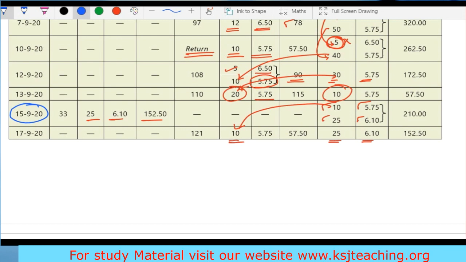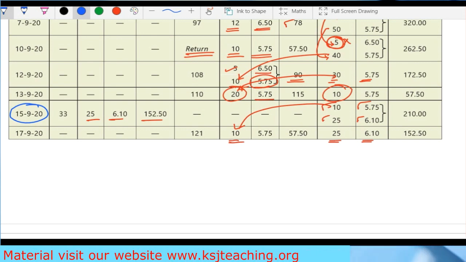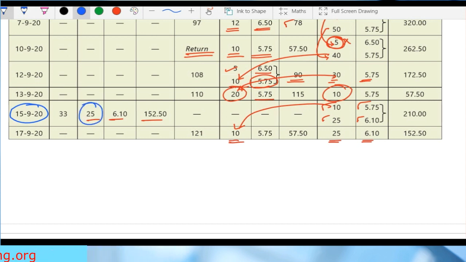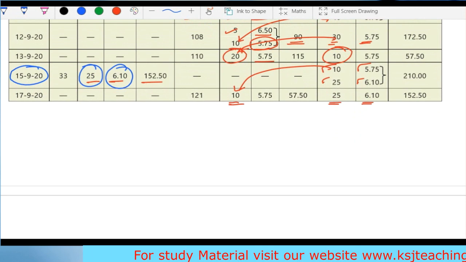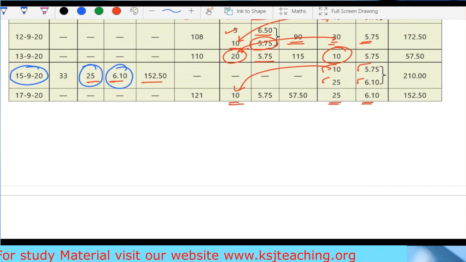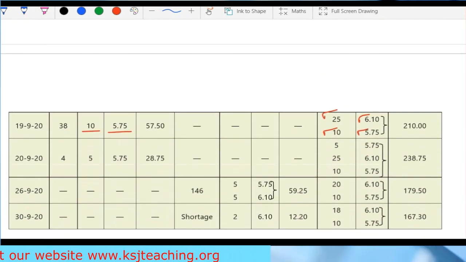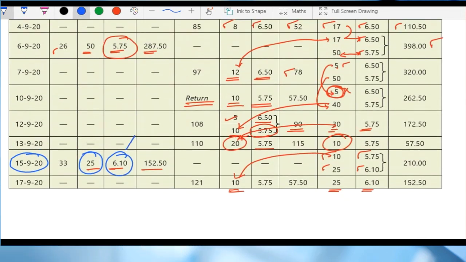Now tell me, after the 15th of September, has any material been issued from these 25 units at 6.10? Sir, on the 17th material was issued, but it was from the earlier 10 units of 5.75. Then on the 19th material was received, but there is no issue from this 6.10. Then if there is no issue, how can you take a return from the department out of this stock?